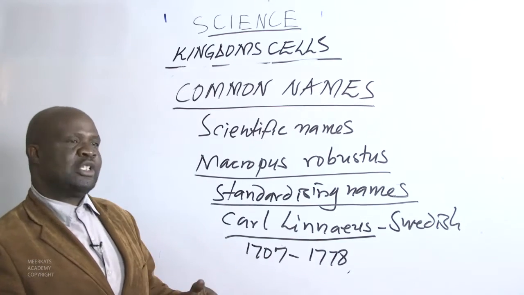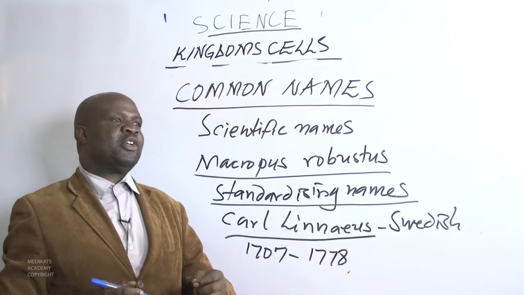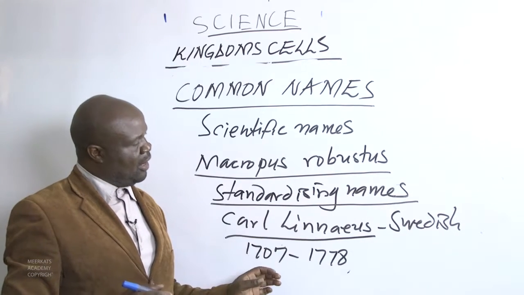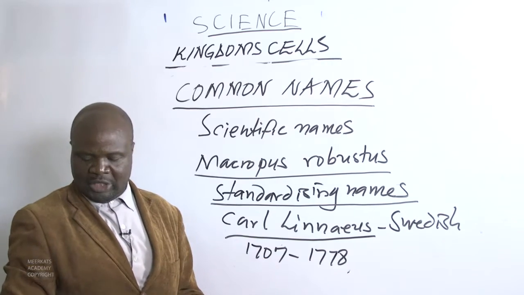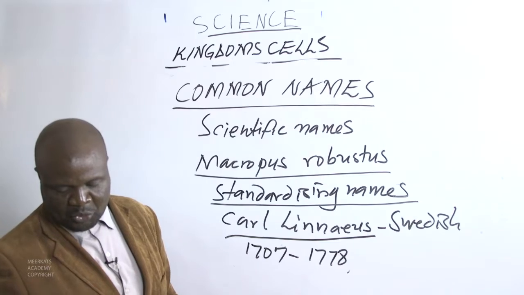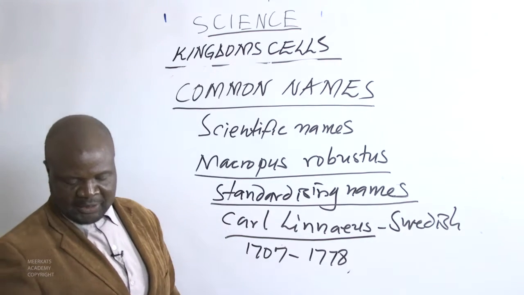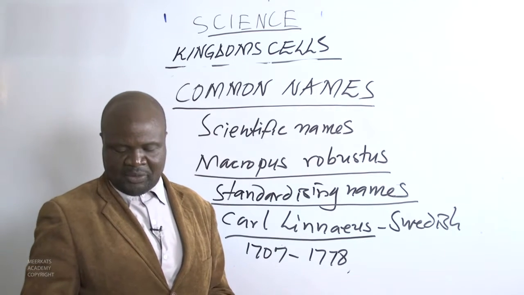At first he used to describe the nature of the organism, but he discovered that you will find we are describing one particular organism using very many words, which can be cumbersome.